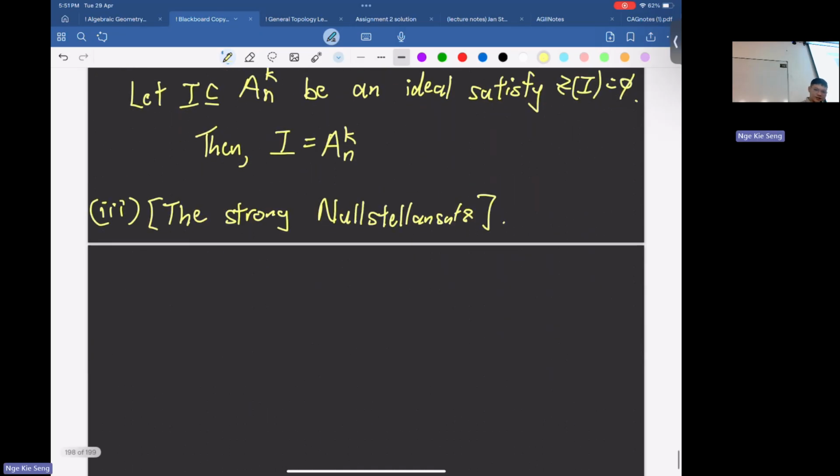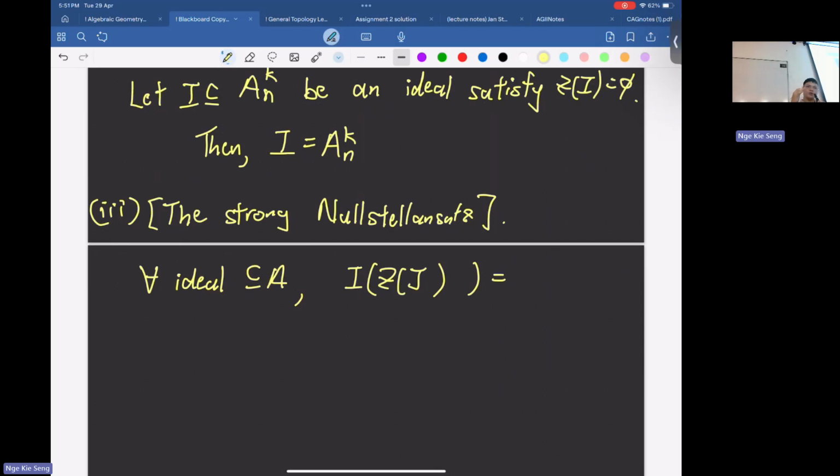Okay, never mind. So what does the strong Nullstellensatz say? For every ideal J in A, look at the zero set first, and then go back to the ideal again. What do you get? It's not J. Just now we said that J could be a subset of this.